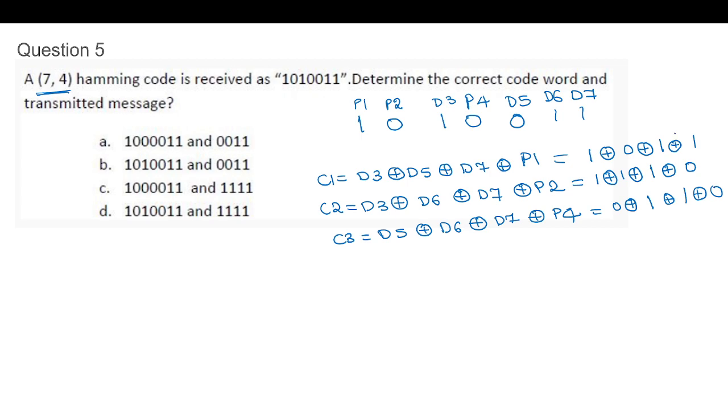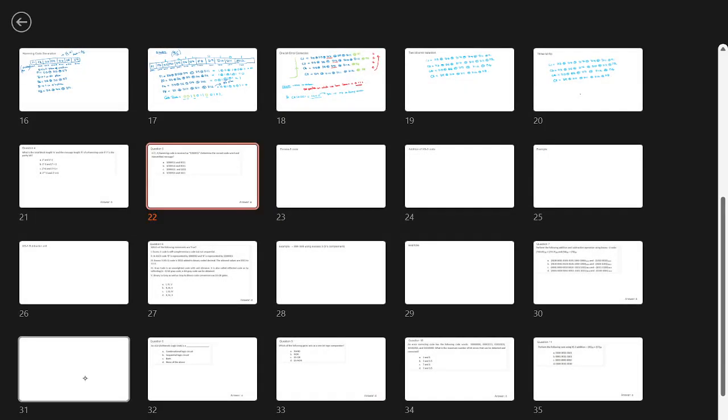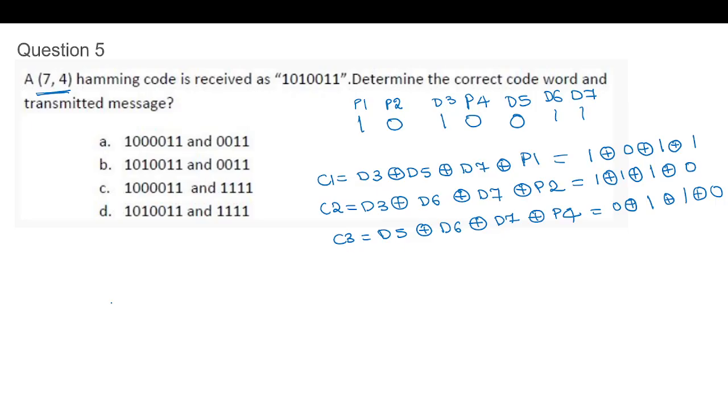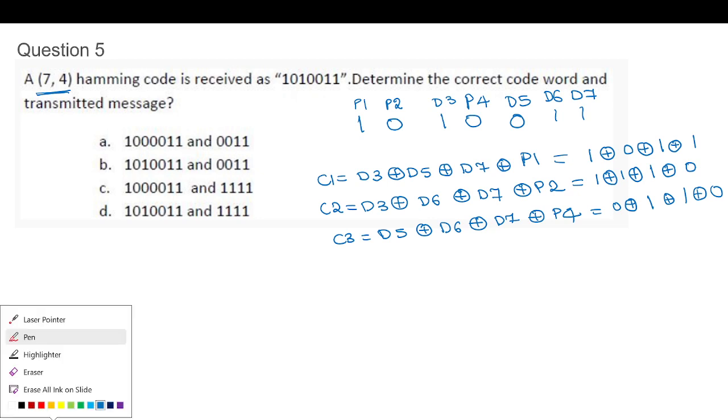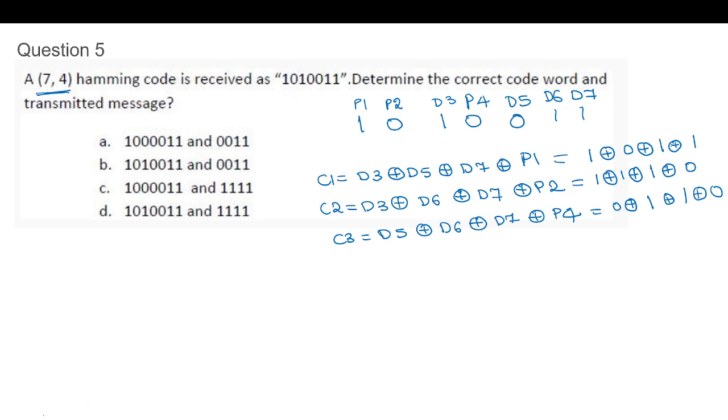So what will be the values? This will be 1, this will be 1, this will be 0. So we'll write it this way: C3, C2, C1 will be 0, 1, 1.